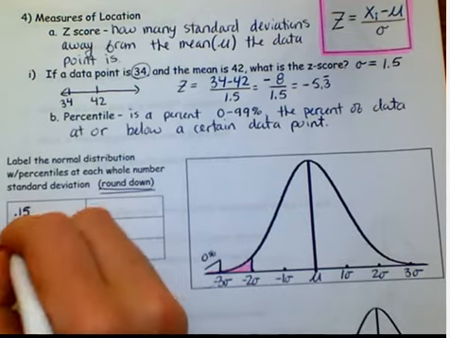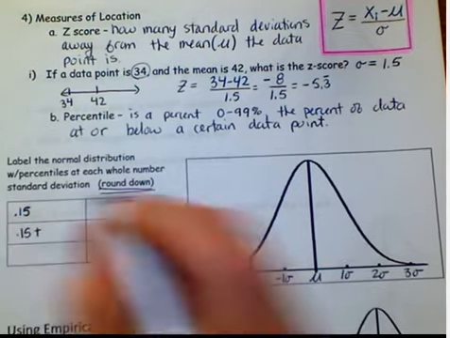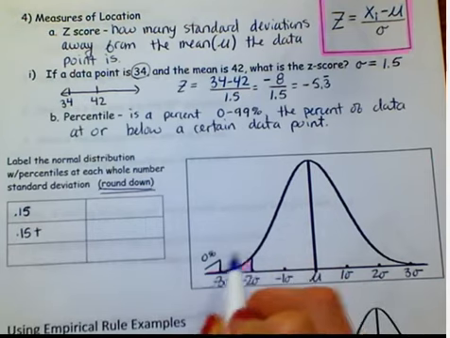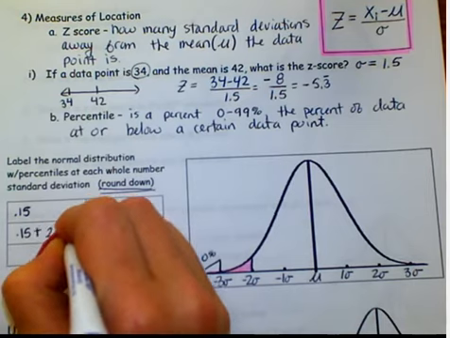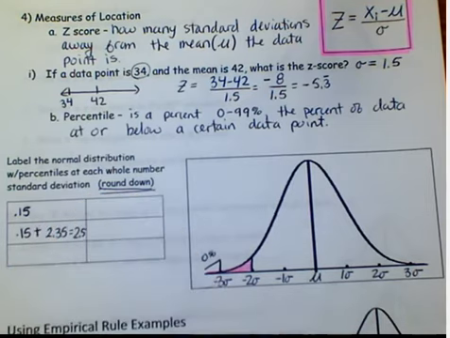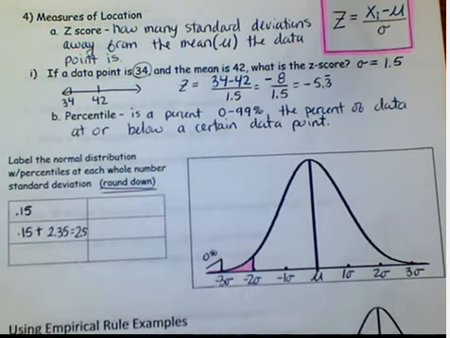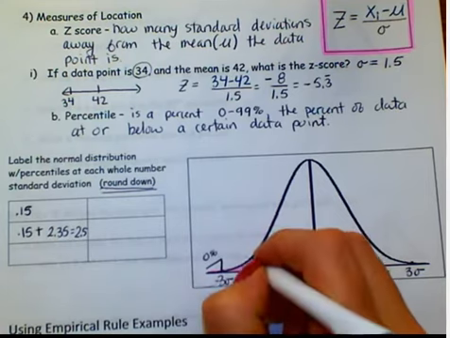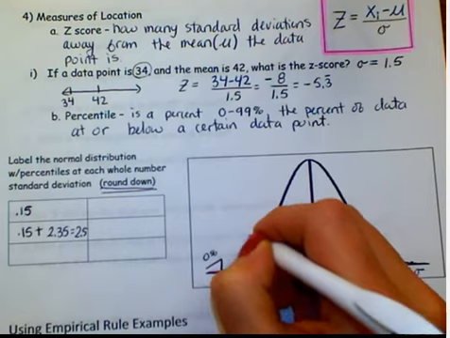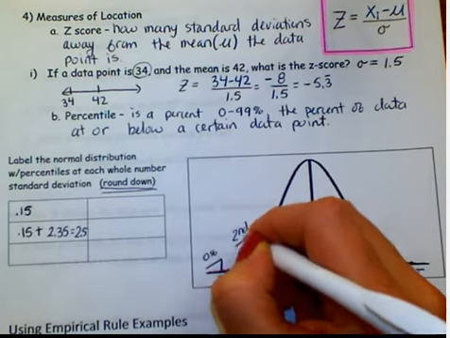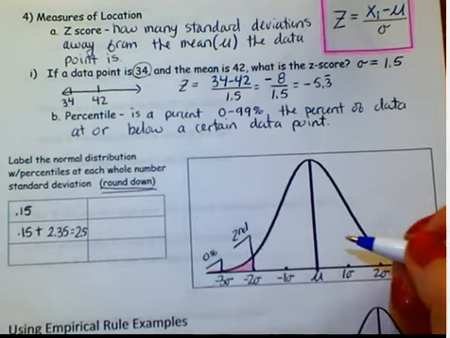So that's 0.15 plus, what percent of data is in this section? 2.35. So that's 2.5. But this is a round down to the nearest whole number. Okay, so this is the second percentile.